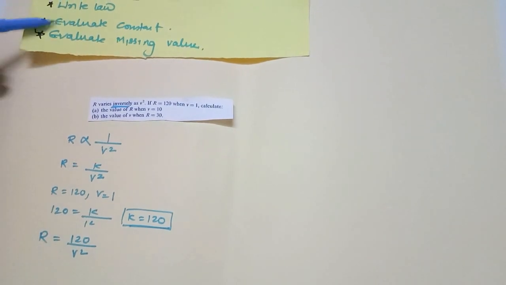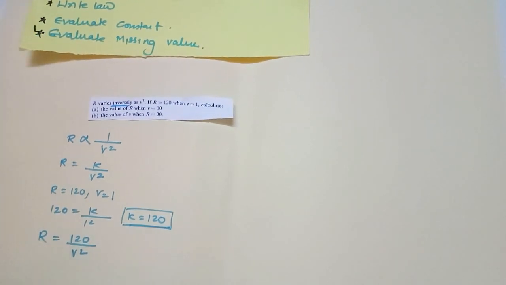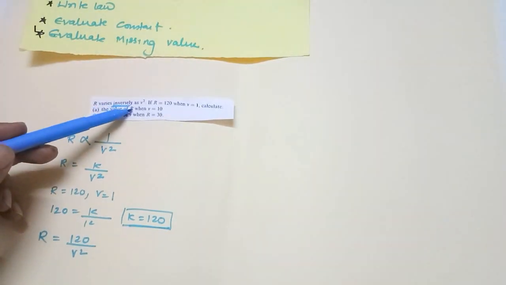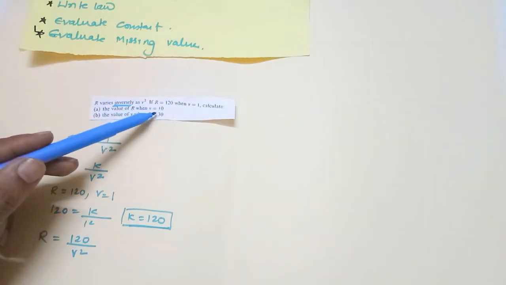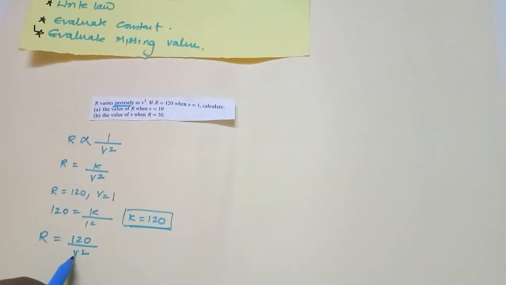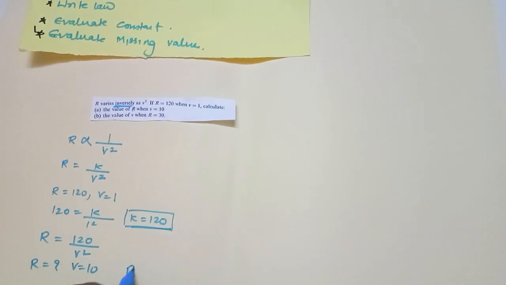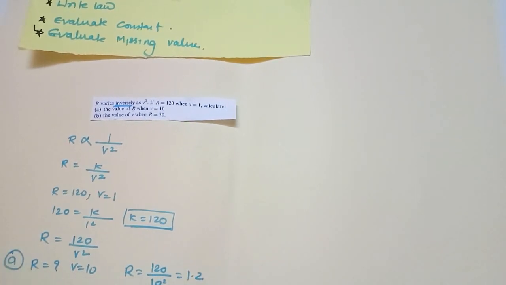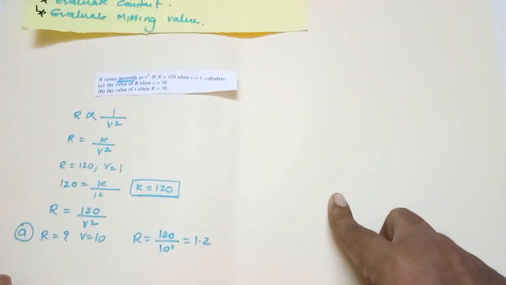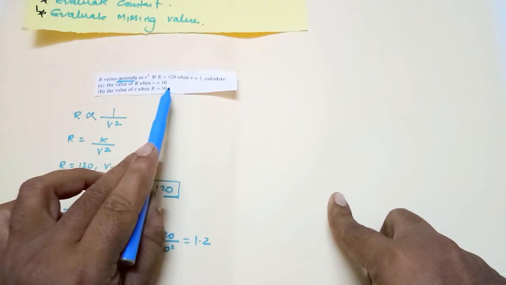Now step 3 is to evaluate the missing values. First, the value of r when v is 10. Put v as 10 here. So r is 120 over 10 squared, which is 1.2. That's part A. Next is part B: evaluate v when r is 30.